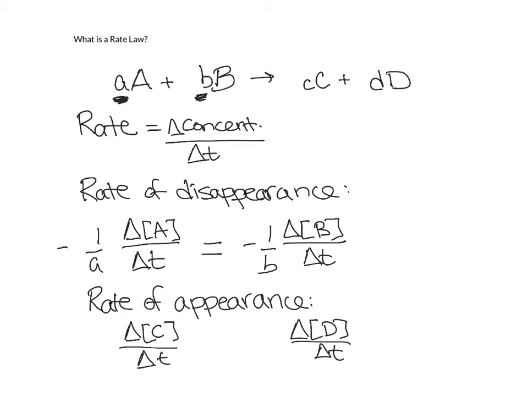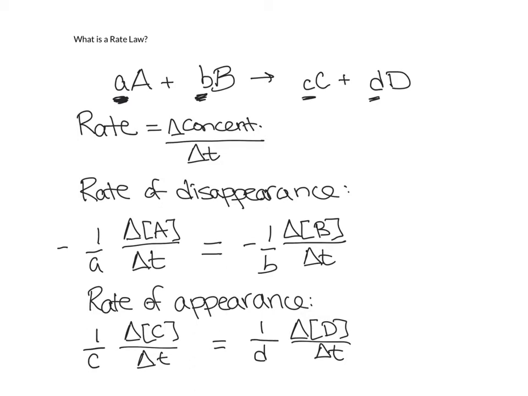And if we wanted to make these equal, I don't have to change the sign this time. They can stay positive because there's more product at the end than at the beginning, so that gives a positive number. But if I wanted to set these equal to each other, I would have to use 1 over the coefficients so that I was able to say that they're equated to each other because they appear in different numbers of molecules at a time.